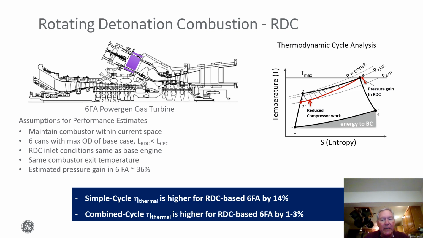And in the combined cycle case, where we do have a bottoming cycle connected to the gas turbine, the efficiency gain would be less, but still it would be, say, 1 to 3%, which in the world of power generation gas turbines is actually a huge gain in efficiency.